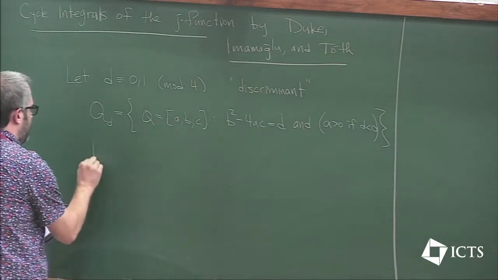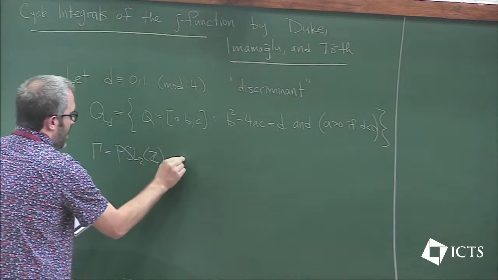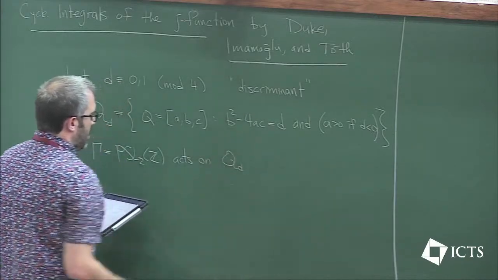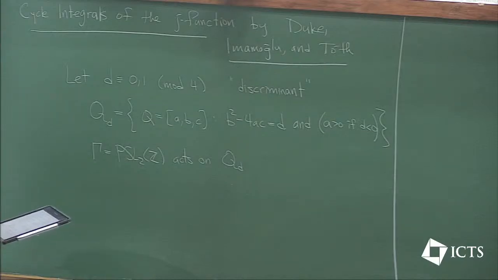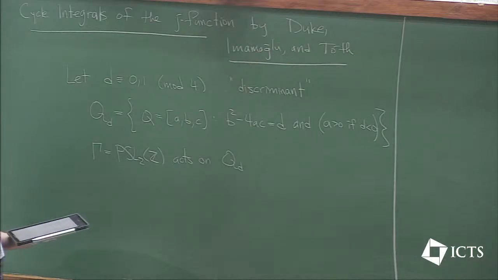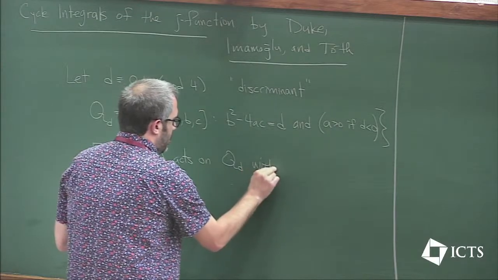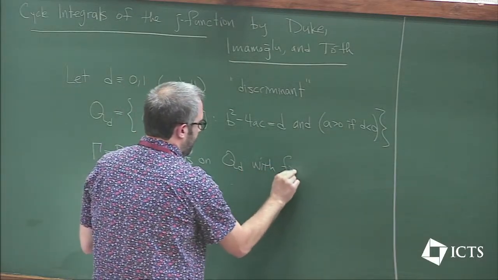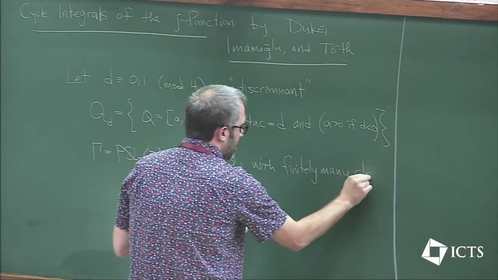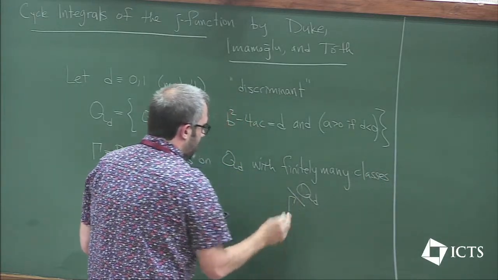Okay, so the group Gamma, which is PSL2(Z), acts on quadratic forms. And we've seen a description of how that works in other talks. For us today, the exact description is not going to matter. So I'll just say there is an action. And this results in finitely many classes, Q_d mod Gamma.